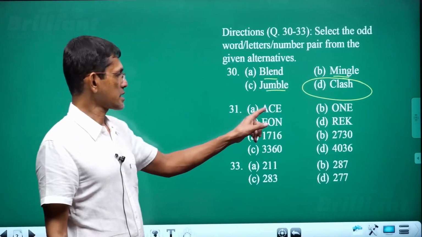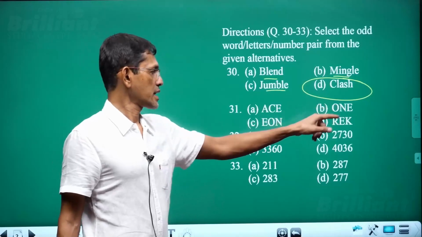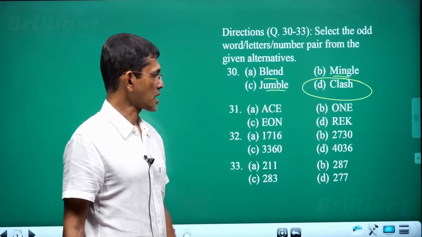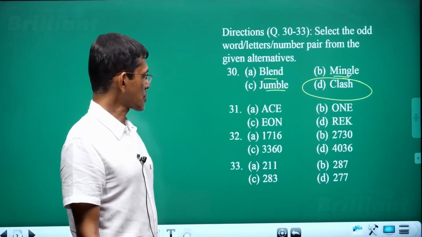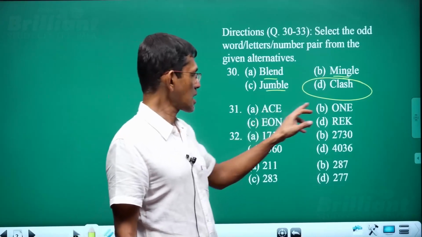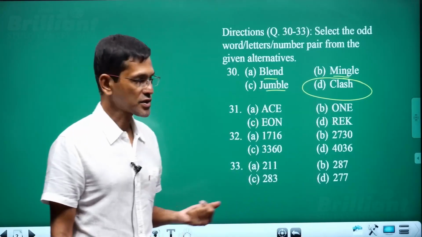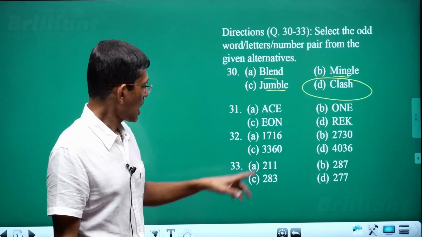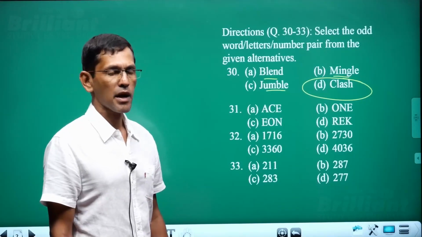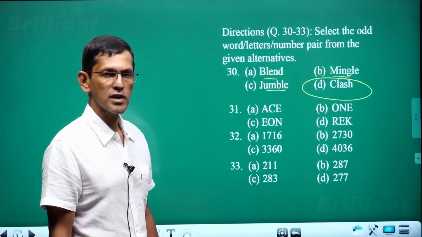How about ACE, ONE, EON, and REK? We may think ace and one are meaningful three-letter words. However, eon, well, that's a brand name, but is it a word? Is it a word in the dictionary?